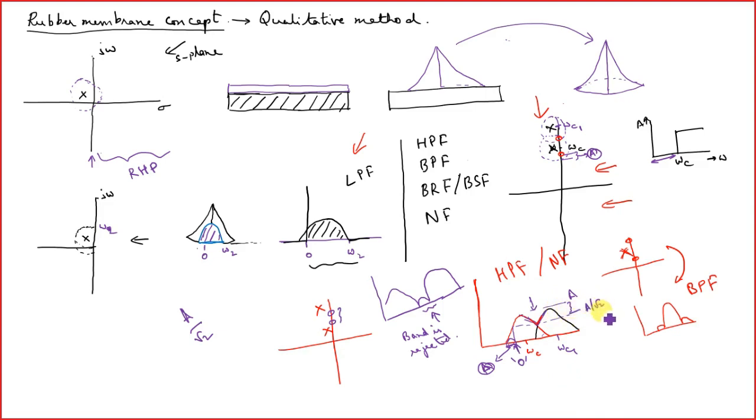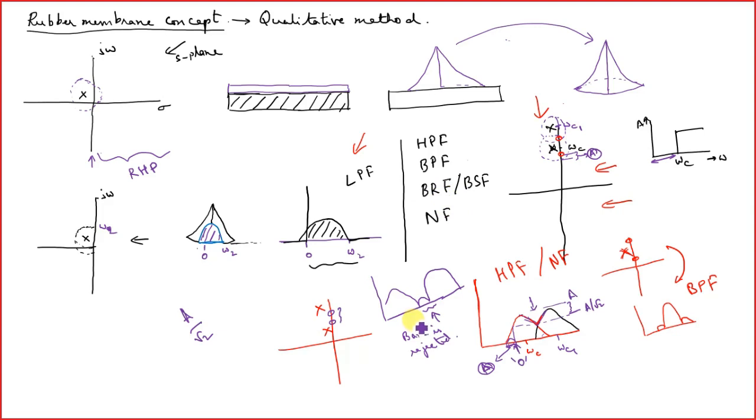So it may be a lower cutoff frequency, it may be a higher cutoff frequency, it depends. So for a high pass filter, it will be just high cutoff frequency. For a low pass filter, it will be low cutoff frequency. For a band pass filter, there will be two. One is for the high pass cutoff and low pass filter cutoff. Similarly, when we talk about band reject filter and band stop filter, we will be having again low cutoff, high cutoff, and notch filter also you will be having single frequency cutoff. Okay. So this is the thing.